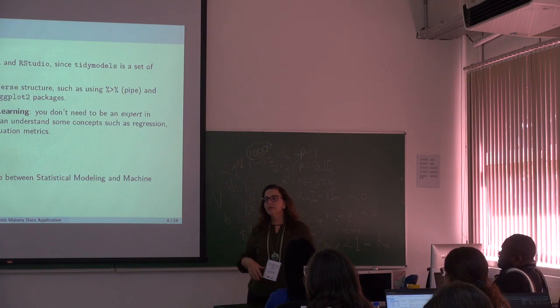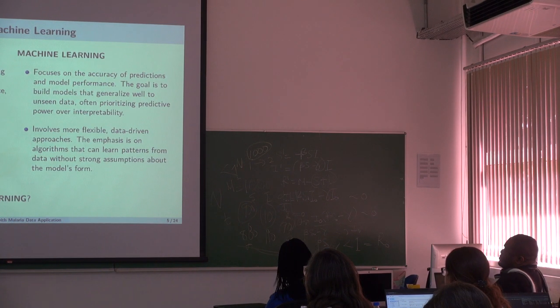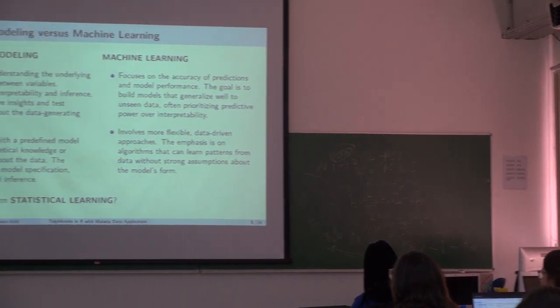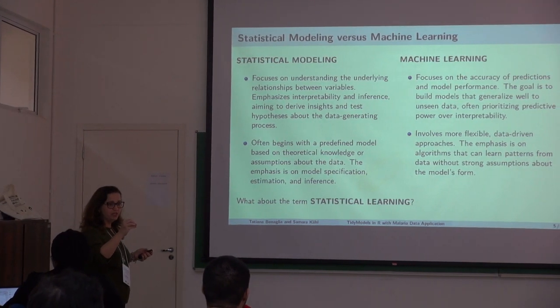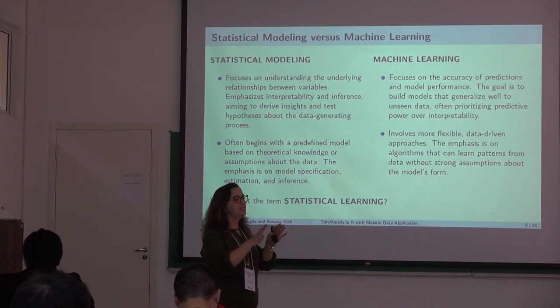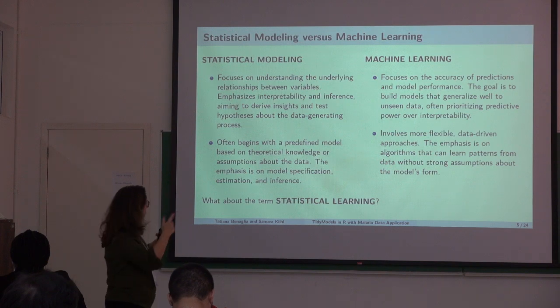That's one. Yeah, that's the main difference, at least what I see. Statistical modeling focuses on understanding the underlying relationship between variables. So, if you think about interpretability and inference, you want to see which predictors have a significant effect on the response variable, right? On the response variable.